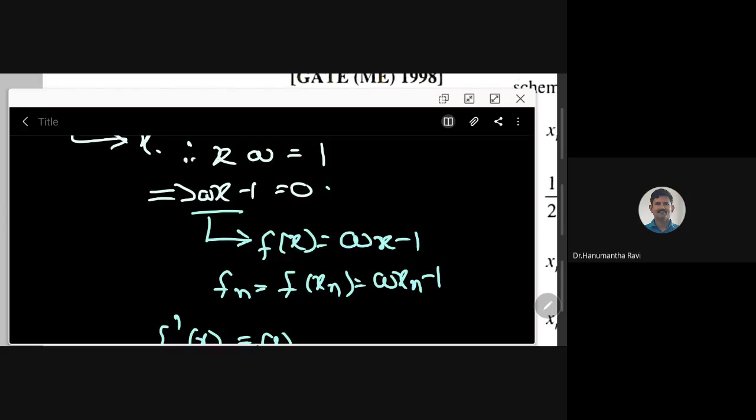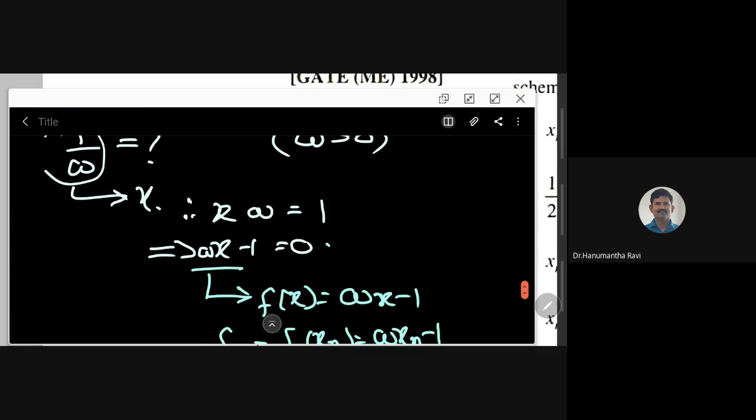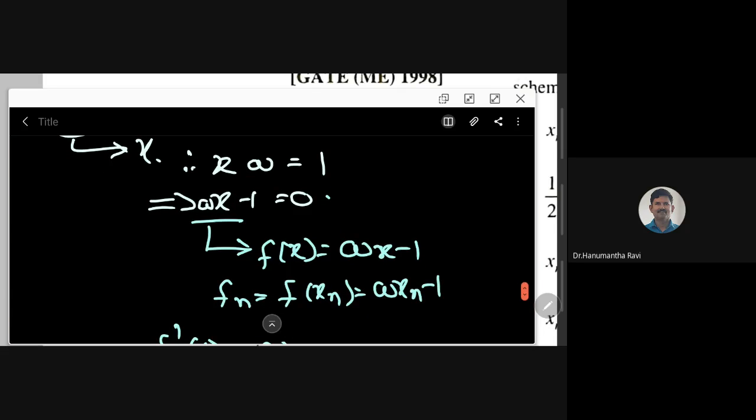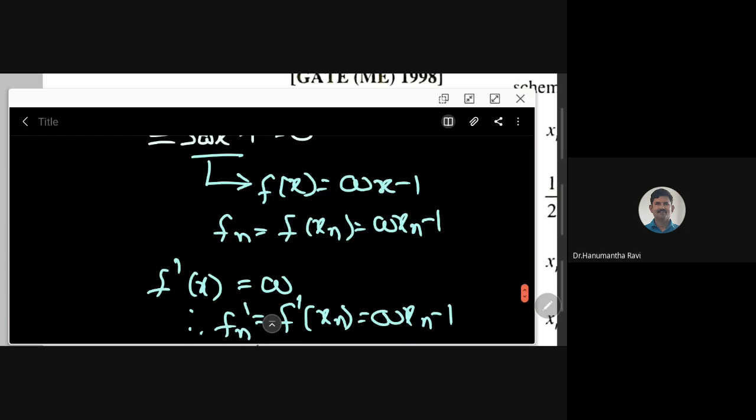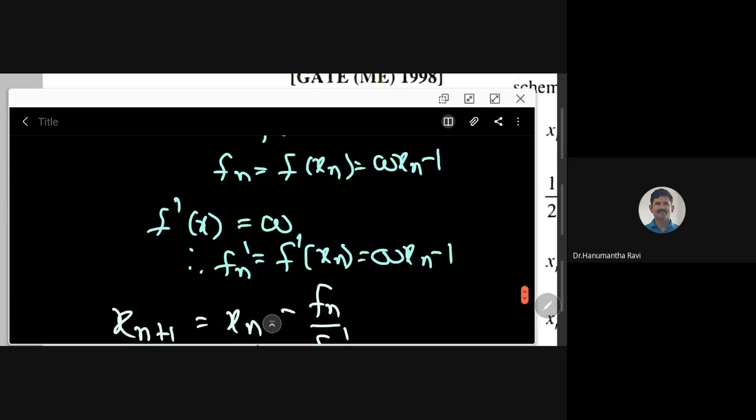The reciprocal 1 by A is x, so xA is 1 and Ax minus 1 is 0. So f of x is that. So fn is Axn minus 1. Now f dash x is A, so fn dash is f dash of xn.